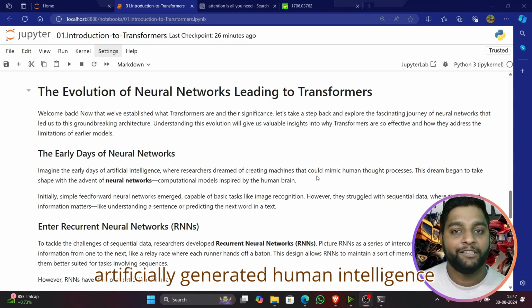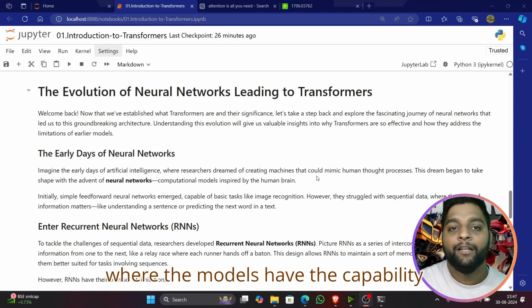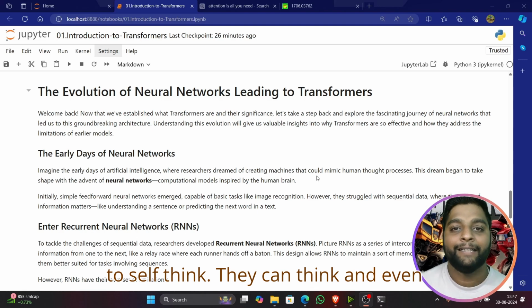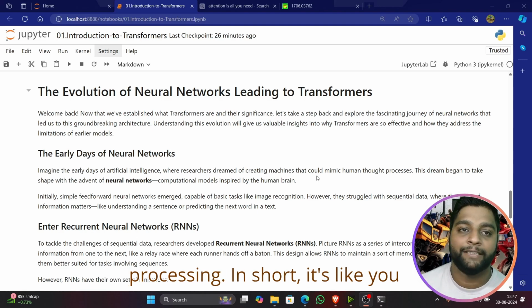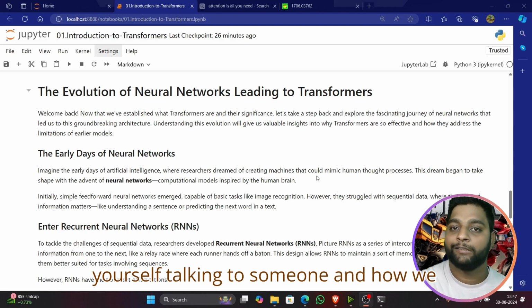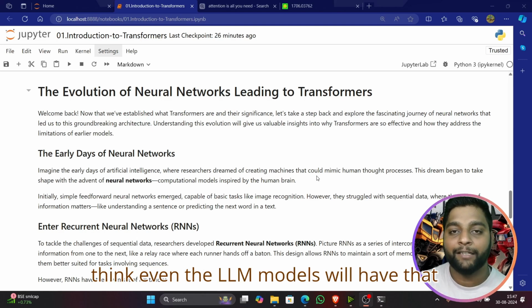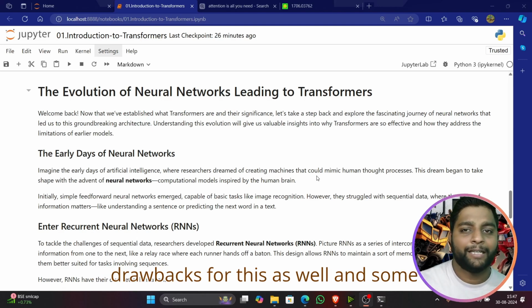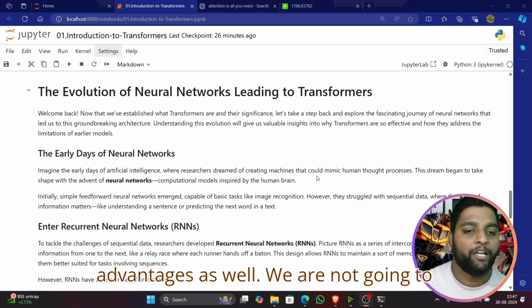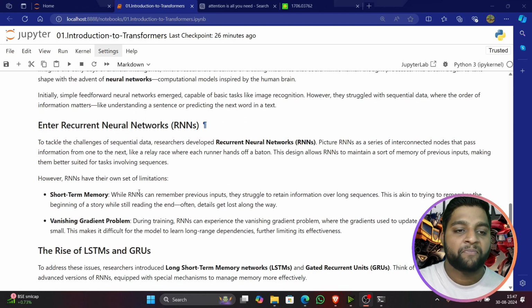It is artificial general intelligence, where the models have the capability to self-think. They can think, and they can even do tasks with parallel processing. In short, it's like you yourself talking to someone, and how we think, even the LLM models will have that capability to think. But there are some drawbacks for this as well, and some advantages as well. We are not going to discuss it deeply.